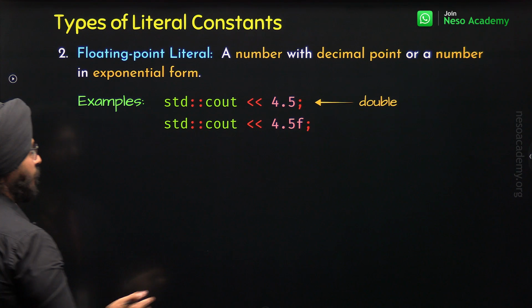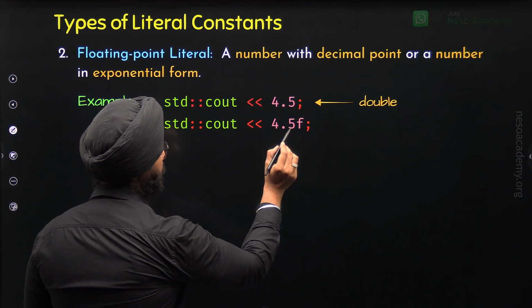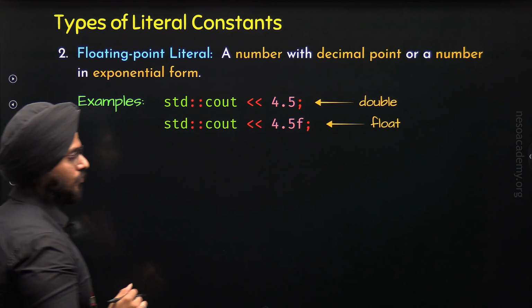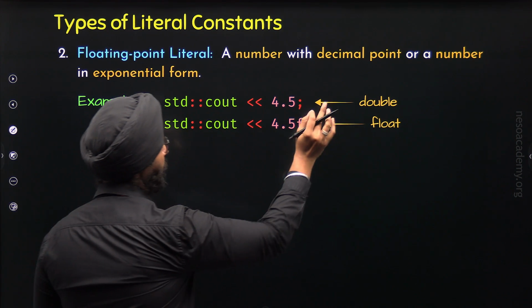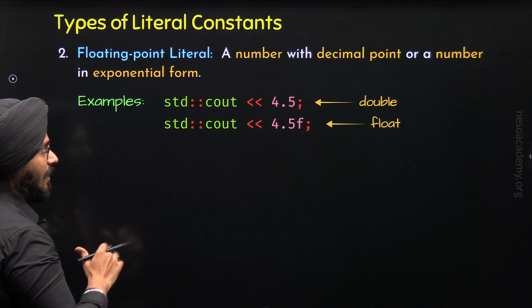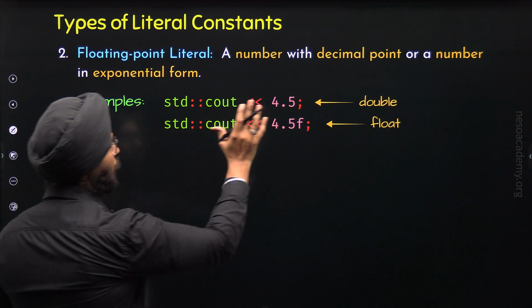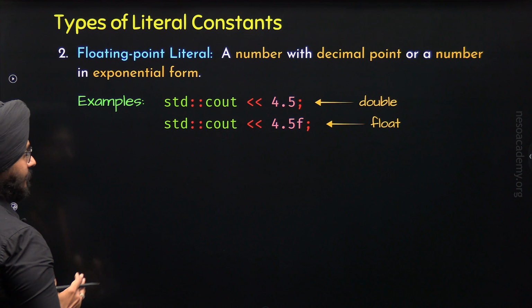If we want that 4.5 should be treated as float, then we need to specify this suffix f. So this is the float value. I hope this is clear to you. The difference between float and double will be clear to you when we discuss data types in detail later. For now, just understand, these are the two ways in which we can represent a floating point literal.